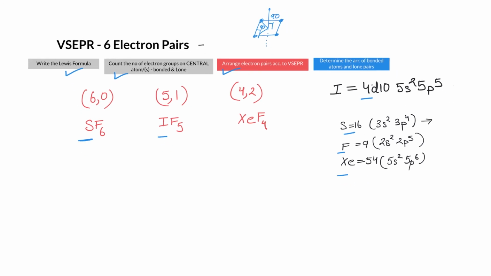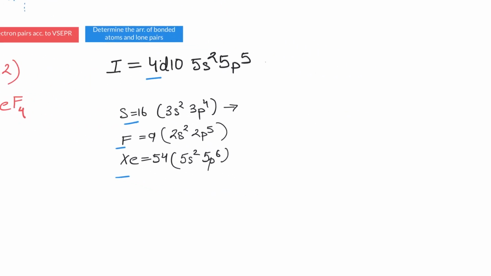So SF6, now again, remember we need 6 bonds, right? Now if you see 3s2, 3p4, you see you do not have the scope for 6. So that means you have to promote this, right? 3s2, 3p3, if you do, then you'll have 3d1. Again, not so satisfactory.